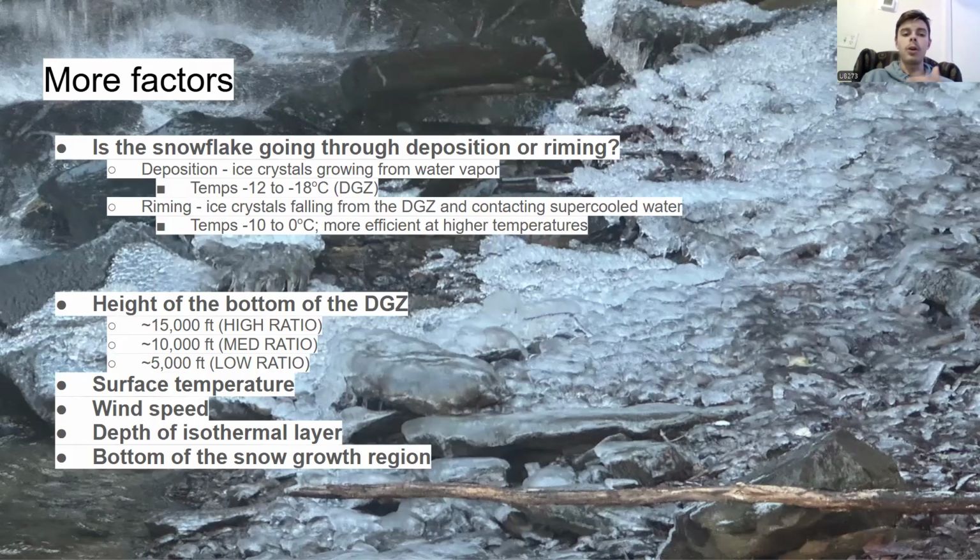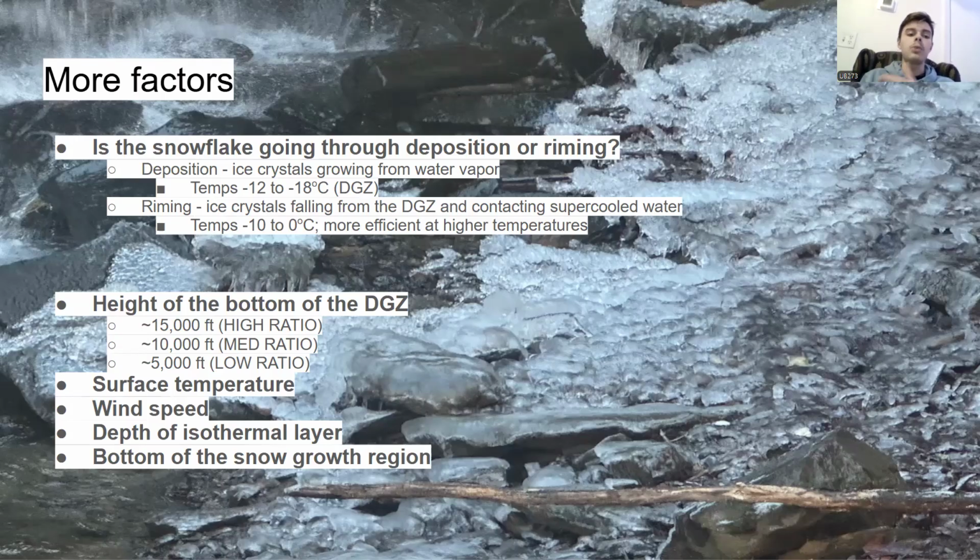This is going to occur in the temperature range of the dendritic growth zone, which is -12 to -18. We could also have riming, where the ice crystals are falling from the dendritic growth zone and come into contact with supercooled water below. This is at temperatures of -10 to 0 degrees Celsius, and riming is more efficient at higher temperatures.